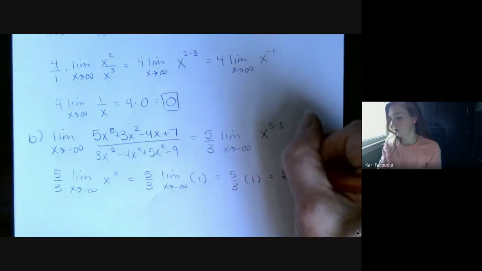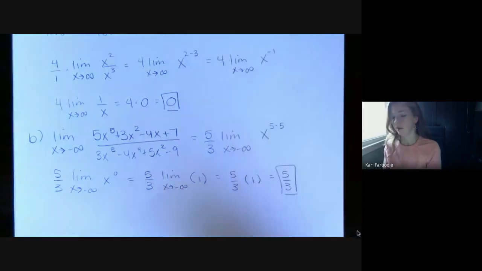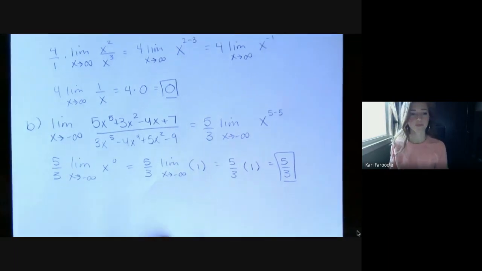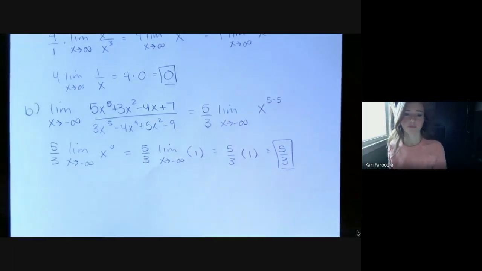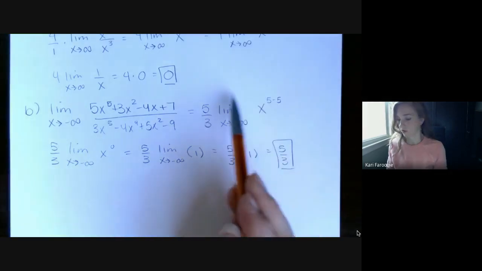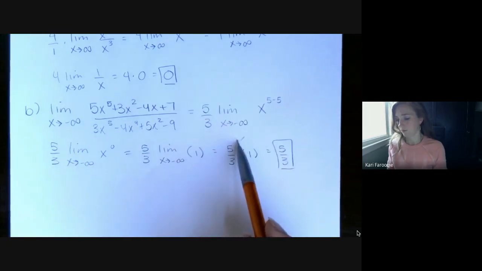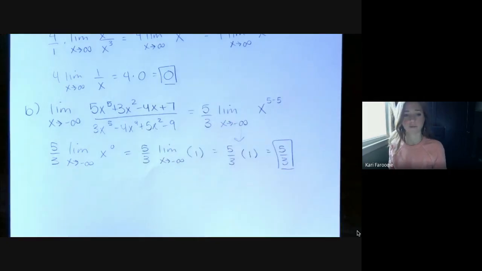And again, I'm writing a little bit more here than I would expect to see, but I'm the teacher. That's my job. If you went from here to here, that would be okay. Some students like to see more work. Some students like to include more work. The limit in this case is 5/3.